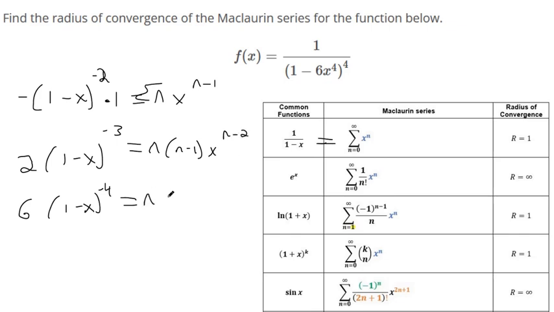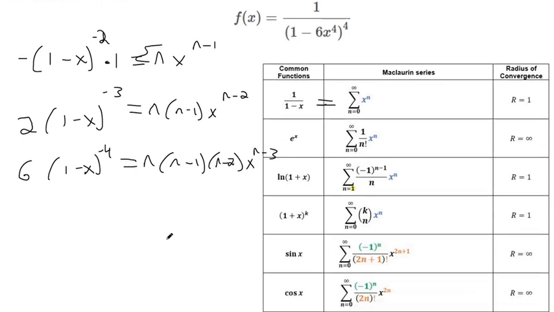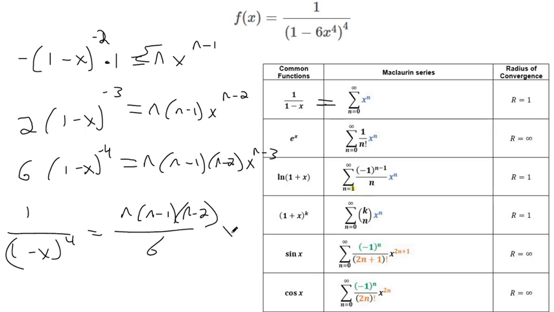And if you take one more derivative, and then if we divide that 6 from both sides, then we say that 1 over 1 minus x to the 4th equals n times n minus 1 times n minus 2, all over 6 times x to the n minus 3. It's a sum from n equals 0 to infinity.